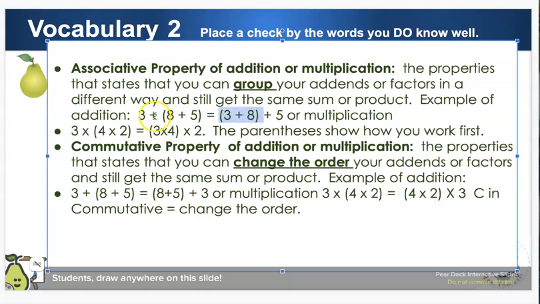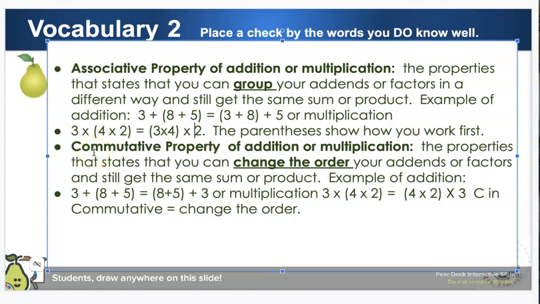But instead of doing the 8 plus 5, I could have added the 3 plus 8 first, and that is shown by these parentheses. In multiplication, it also works. If I'm multiplying 3 times 4 times 2, I can multiply the 3 times 4 first and then times 2, rather than multiply the 4 times 2 first and then multiply by 3. But you notice the order of the numbers didn't change.